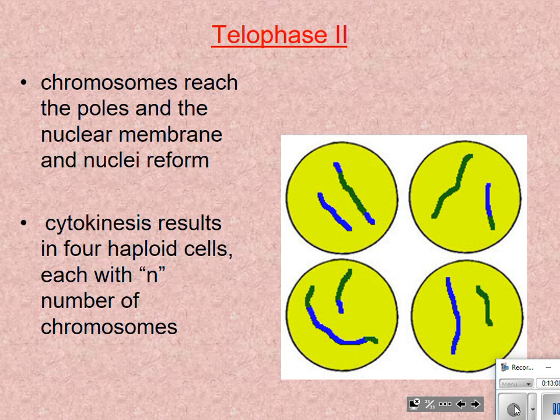Okay? The gametes, the sex cells. If it's a male, it's the sperm. If it's a female, it's the ovum or the egg cell. So, these 4 cells that are produced at the end of meiosis are the gametes. They are haploid. They are carrying half of the genetic material.